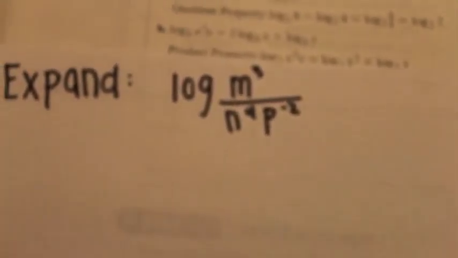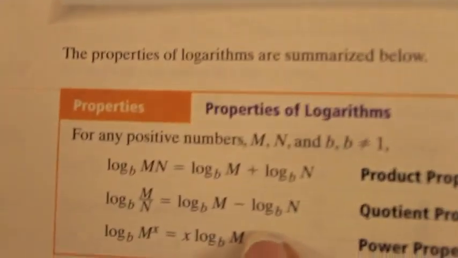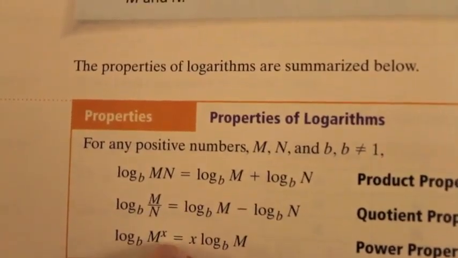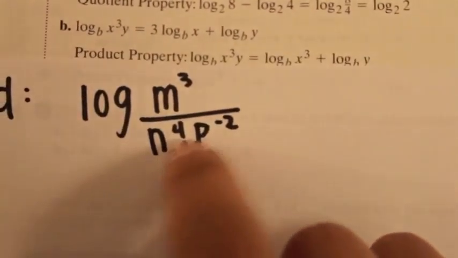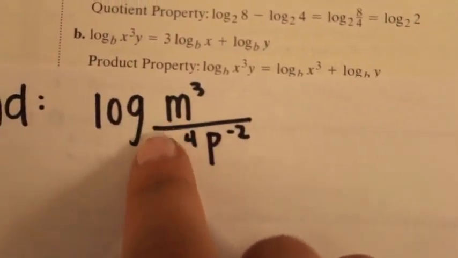Now in this problem, we're going to need to use the log properties to expand. As you can see, the logs of m, n, and p all have exponents after them. And so we're going to need to use the power property for them because of their exponents. So see log m to the third power, n to the fourth, and p to the negative second.